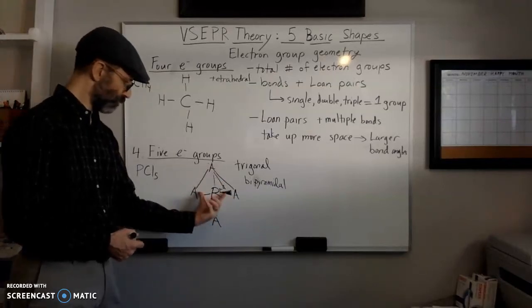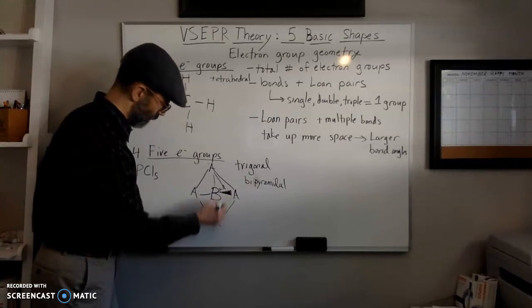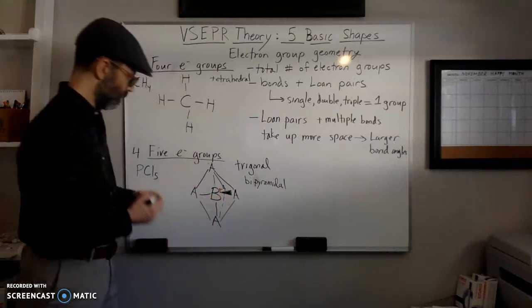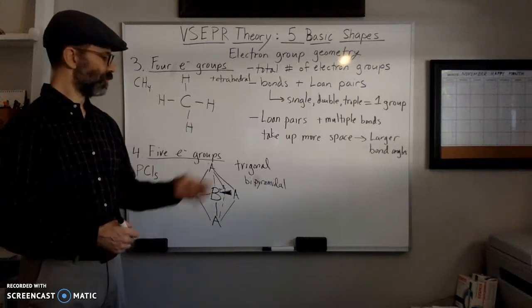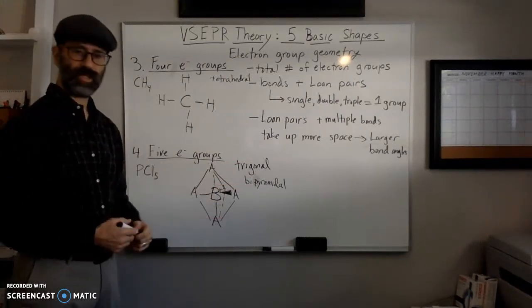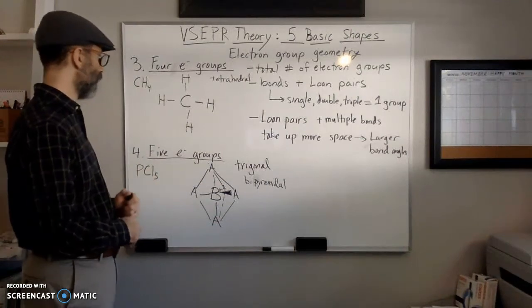So you have a pyramid structure here, and then if you do the same thing on the bottom, right, you have a pyramid there. So you have 2 pyramids, bipyramidal. So Trigonal Bipyramidal is the shape or electron group geometry of when you have 5.